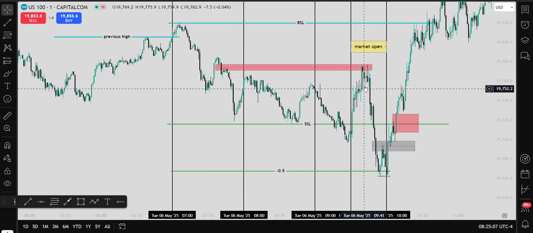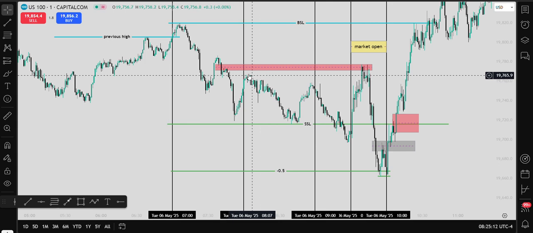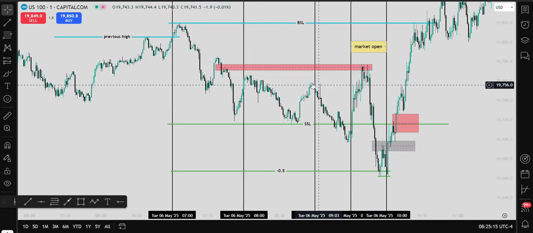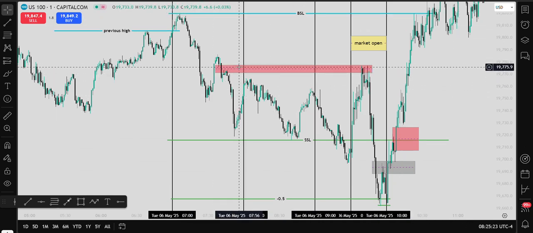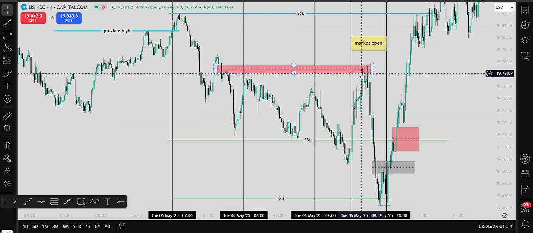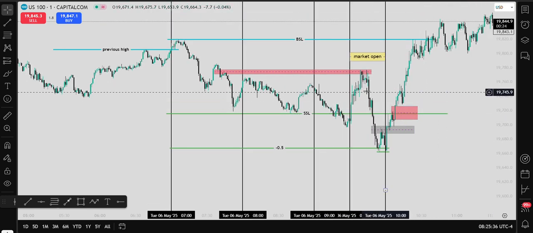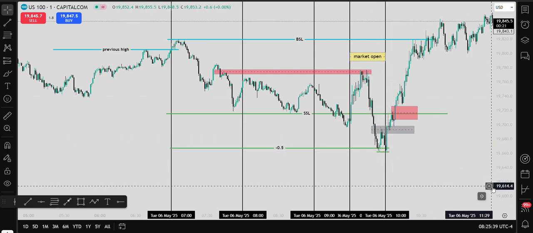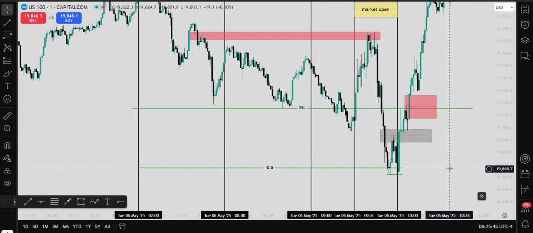And above that, we also had a fair value that was created earlier between 7 a.m. and 8 a.m. So after taking out this buy side liquidity and this one, and retested and respected at the same time this fair value by the bodies respecting the same area together with the wicks, it dipped further to a random area, which I know is not random for everyone who are conversant with ICT concept.